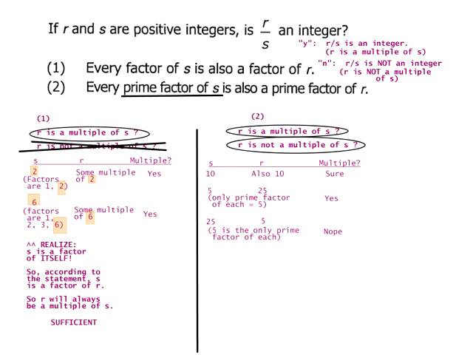So this is going to be not sufficient. You could also do something like 6 and 12, where this time the prime factor 2 repeats, and plays the same role as 5 does in this example. So absolutely, yeah.